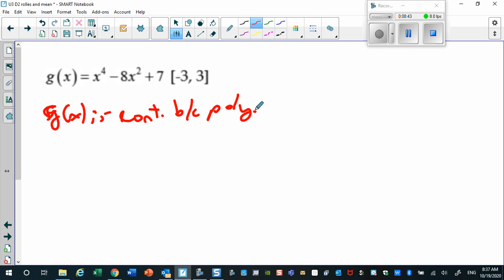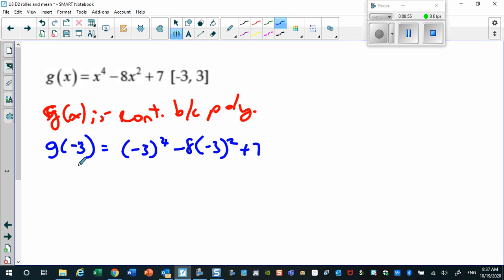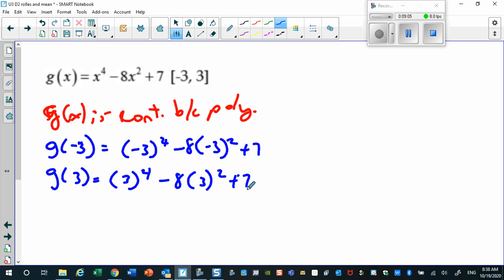So now let's talk about g of negative 3: negative 3 to the 4th minus 8 times negative 3 squared plus 7. And g of 3. I hope you guys realize I'm writing this like no math, because I need you to recognize that these are going to be the exact same values.